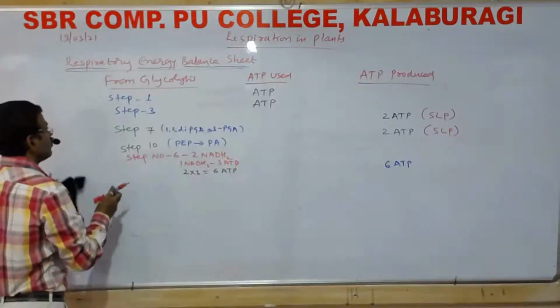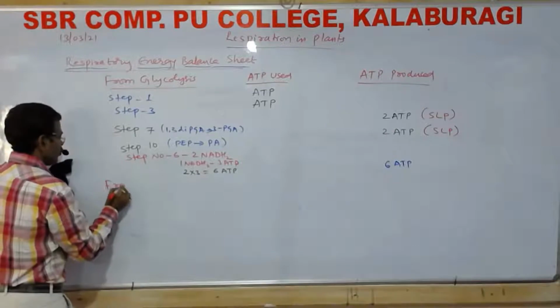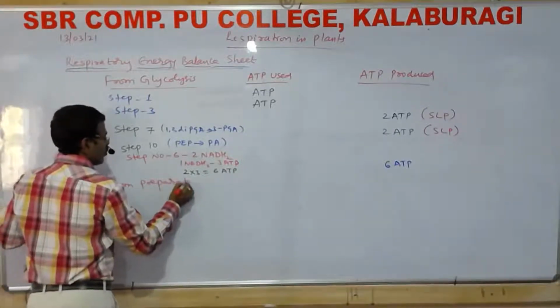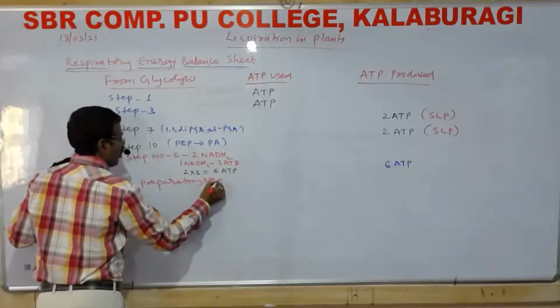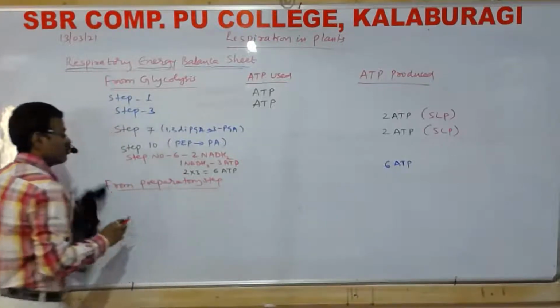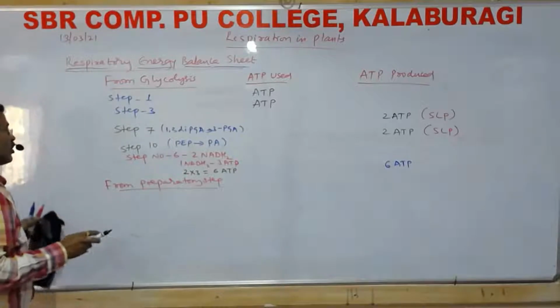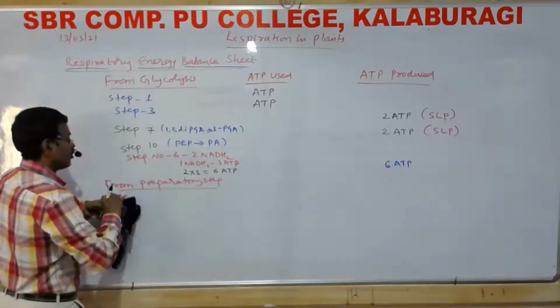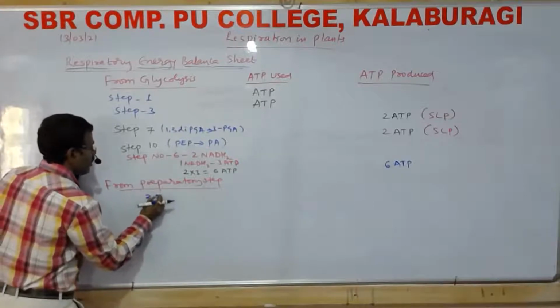Now, from the preparatory step, or link reaction or gateway step, whatever you call. In the preparatory step, 2 NADH2 are produced.